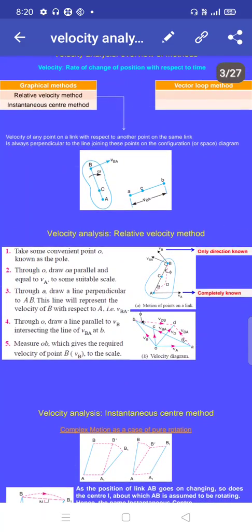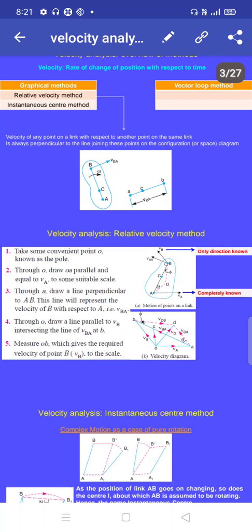Take some convenient point O, known as the pole. Through O, draw OA parallel and equal to the velocity of point A, to some suitable scale. Through A, draw a perpendicular to AB. This line will represent the velocity of B with respect to A, that is VBA.